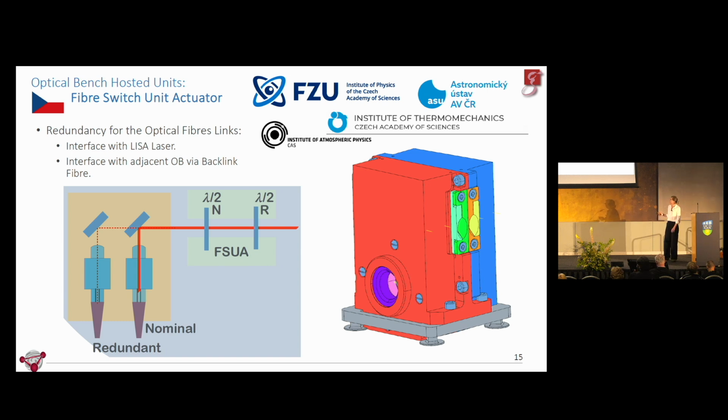And for that, the Czechia Institute of Science is providing the FSUA that is shown here, and inside it has two half wave plates that, together with the polarization component in front of the fibers, in a rotation can switch between the polarizations, select which fiber will receive the light. So in itself, it also has, you can see, redundancy by having two independently rotating wave plates.